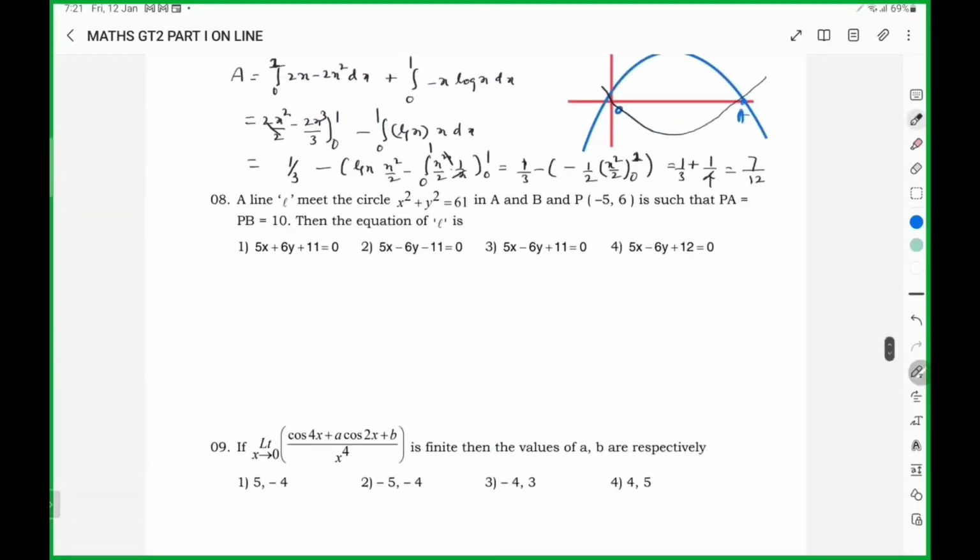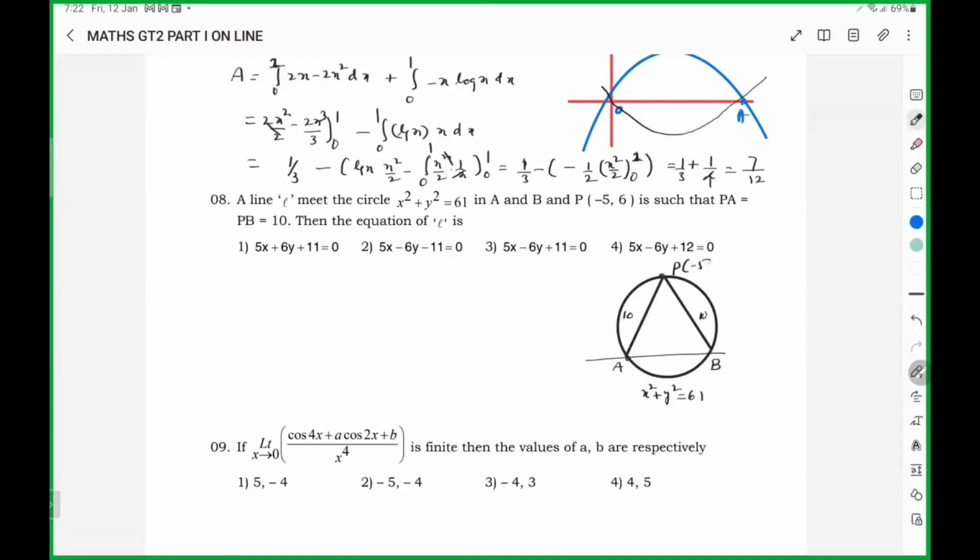Here a line L meets the circle x square plus y square is 61 in A and B. P is a point such that PA and PB both are 10.